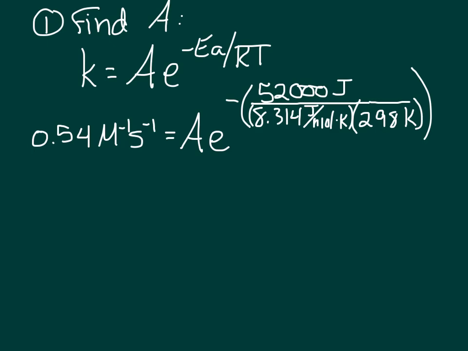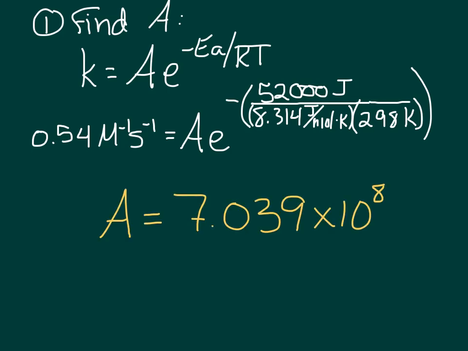I chose to use the 25 degrees Celsius case, so when we convert that to Kelvin, we get a temperature of 298 Kelvin. And the rate constant associated with that was 0.54. So when we plug all of that in and solve for A, we find the frequency factor for this reaction is about 7.039 times 10 to the 8th.